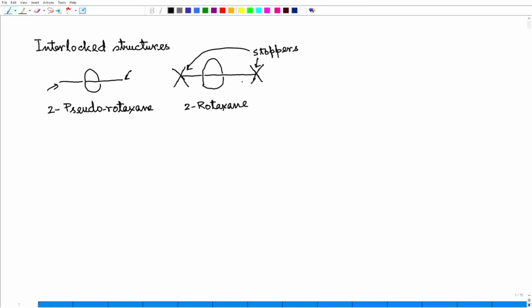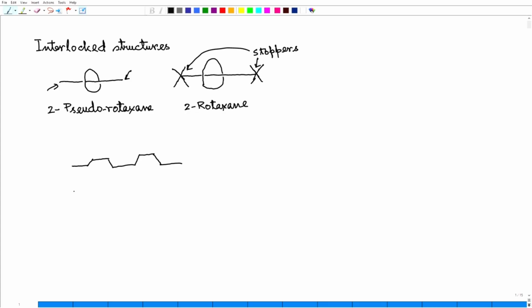All right. Let me write the others. Suppose you have this compound, I am writing it. This is a linear rod, but I have drawn this pattern just like that.